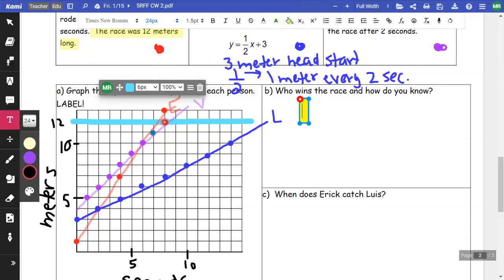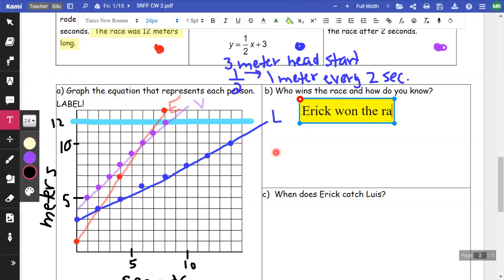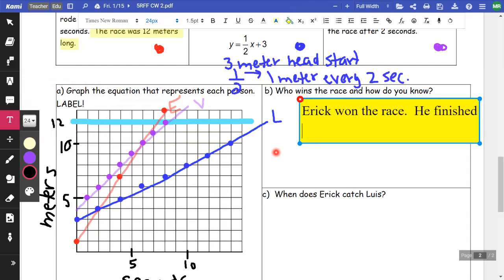In between 7 and 8, Eric is the one who was the winner. Then Valerie, then poor Luis. Okay, so Eric won the race. He finished it in the least amount of seconds.